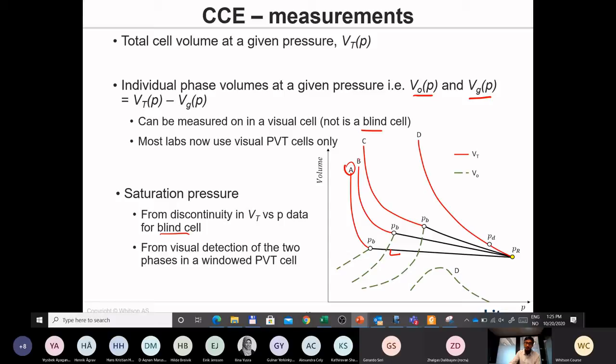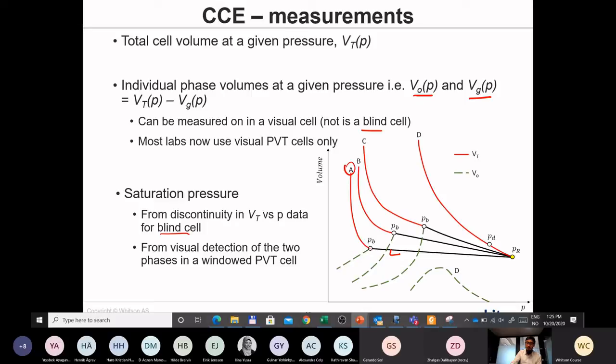And then we have fluid B, which is a more volatile oil. And then we have C, which is a more near critical fluid. And then D is the gas condensate, where we have a dew point instead of the bubble point. What you see is that if you have a low shrinkage oil, then there is a clear discontinuity in the total volume before and after the bubble point.